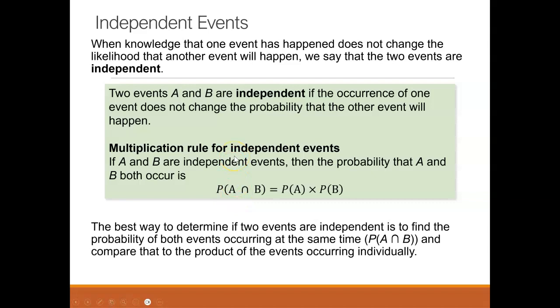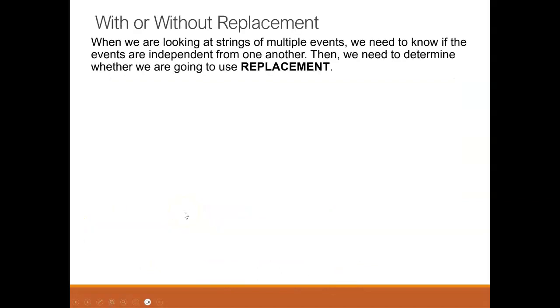All right. The best way to determine if two events are independent is to find the probability of both events occurring at the same time and compare that to the product of the events occurring individually. So that's a way to test for independence. This goes back to that card example I gave you before.